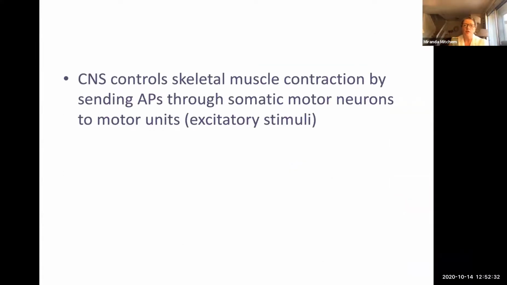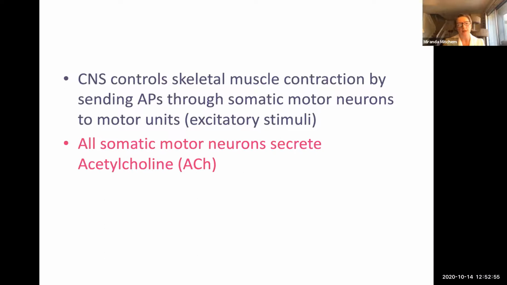So our central nervous system is able to control the muscle contraction, the length of it, the strength of it, and it does this by sending action potentials. And we know that happens through the somatic motor neuron. So what we've been talking about really so far have all been excitatory stimuli, and the neurotransmitter that is associated with skeletal muscle excitation is acetylcholine.